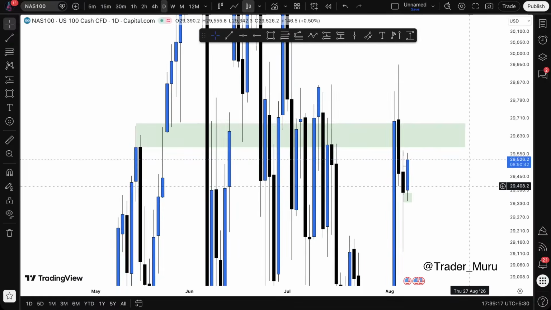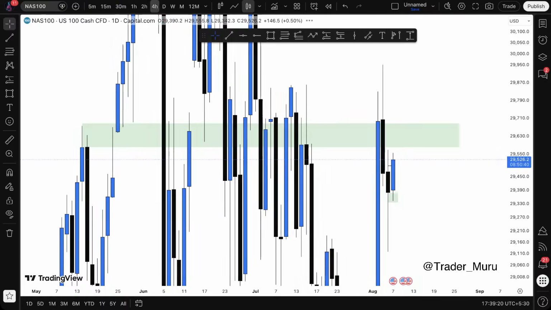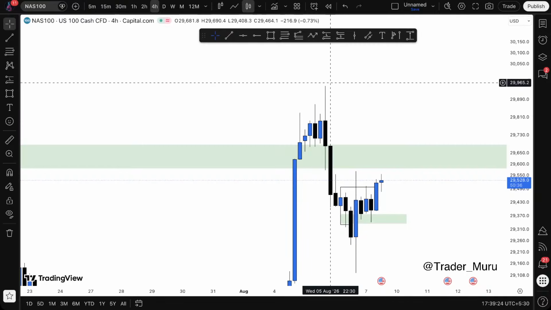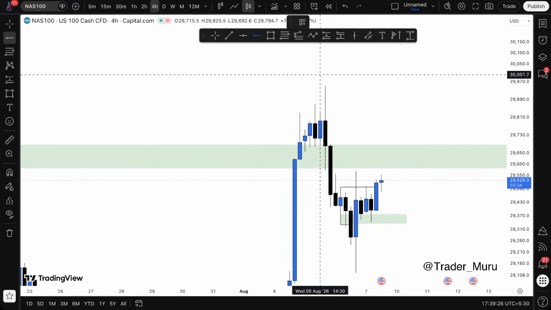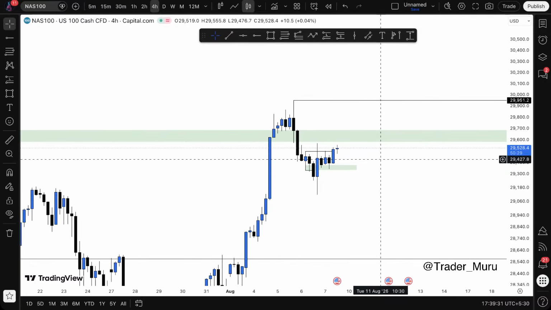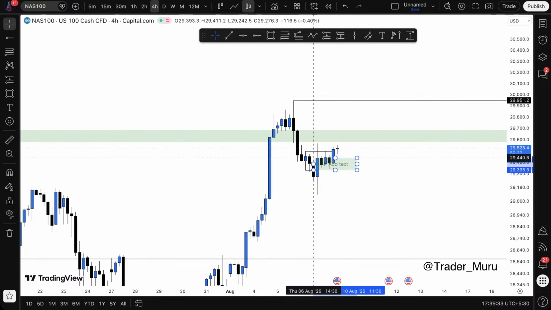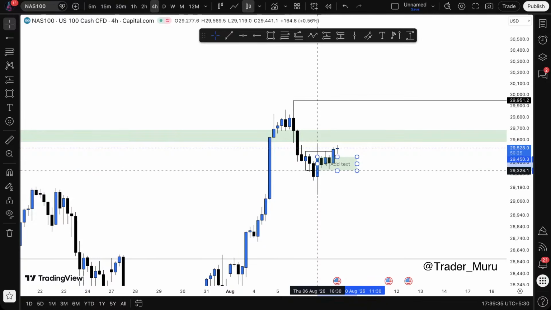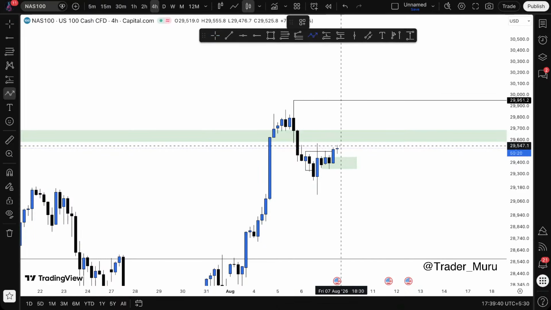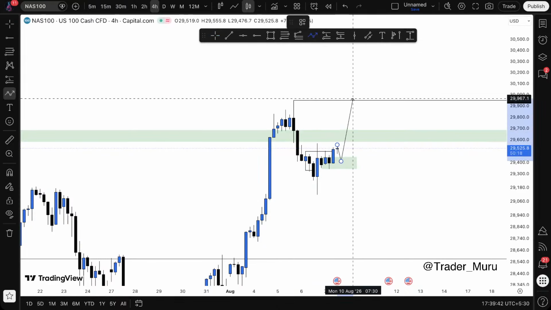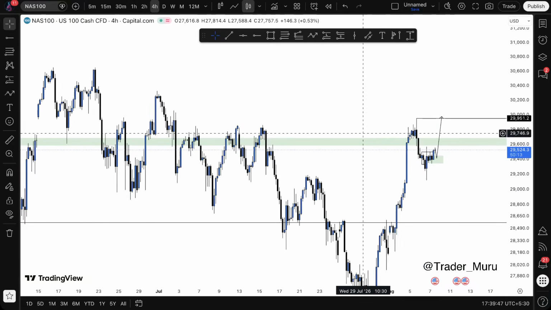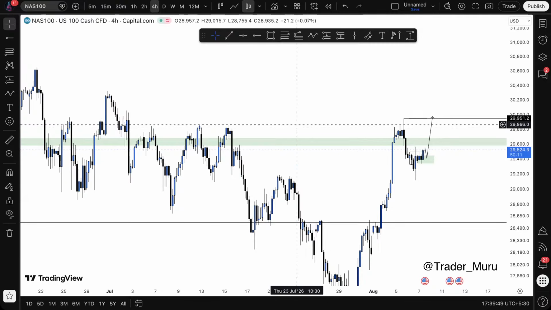So in the 4-hour time frame it is bullish, it can sweep this high, it can sweep this high. From this area it can sweep this high again. We already have a sweep here.